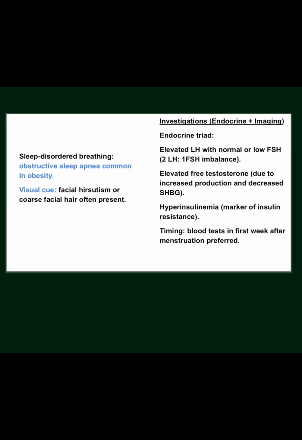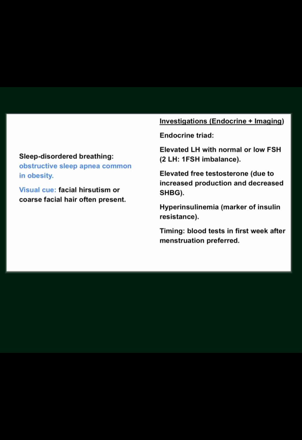Remember, these patients with central obesity often have difficulties sleeping, so they have obstructive sleep apnea, which is common in obese patients. We need to ask that in our history. They've got visual clues of facial hirsutism, and also coarse facial hair, which is often present.